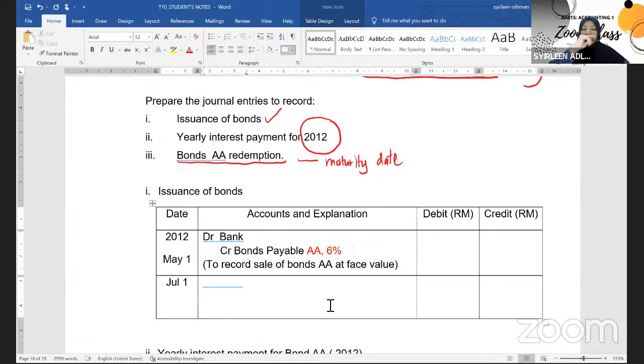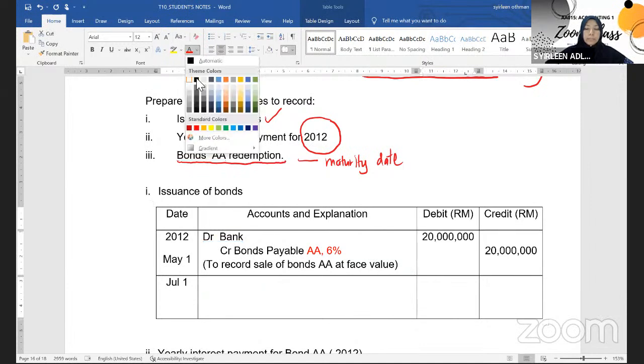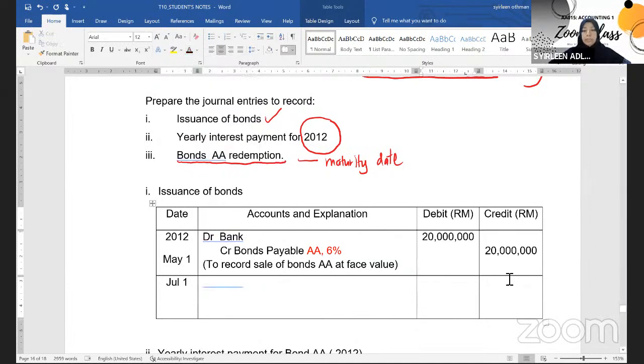So kita boleh differentiate, oh ini untuk bond yang mana, ini untuk bond yang mana. So I just need to tag the liability, that's why AA 6% is there. Tapi kalau you dah memang cekap buat journal, you know what you are doing, you don't need to tag, that should be okay. So how much is the face value? The face value that is being issued is 20 million ringgit. So this is for bond AA.